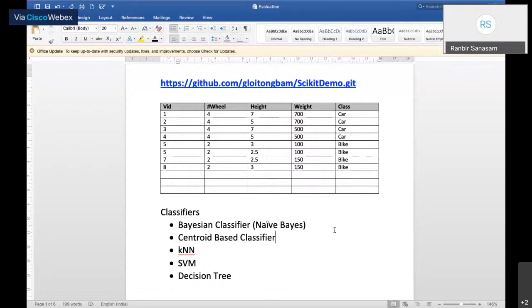Okay. So this is the same example I'm going to take, and I have already defined what we mean by classifier, and these are the five different classifiers I have chosen to discuss in this session.